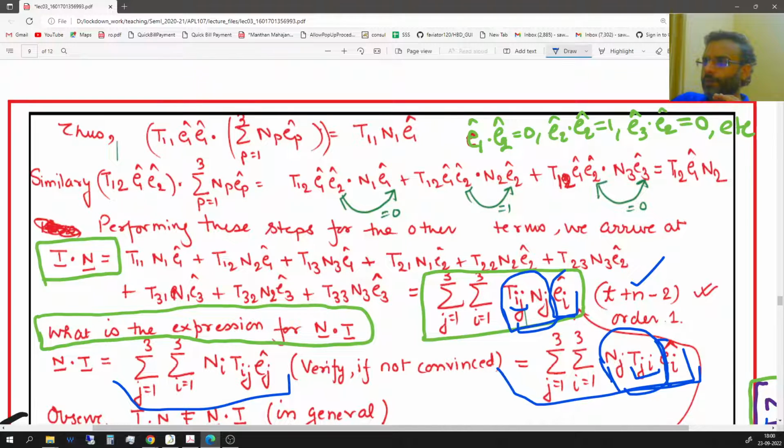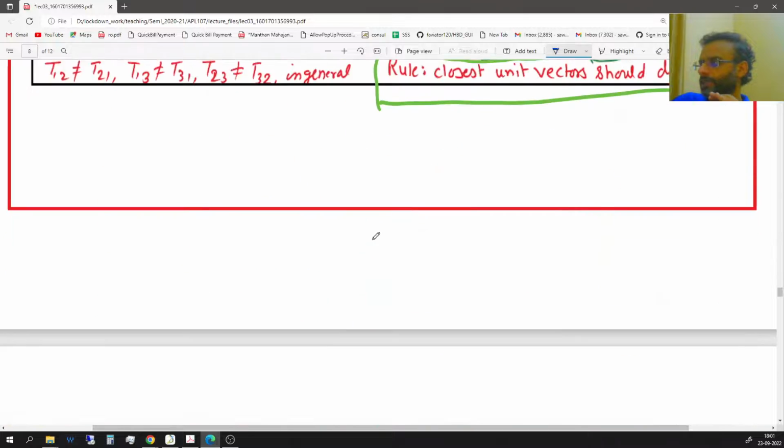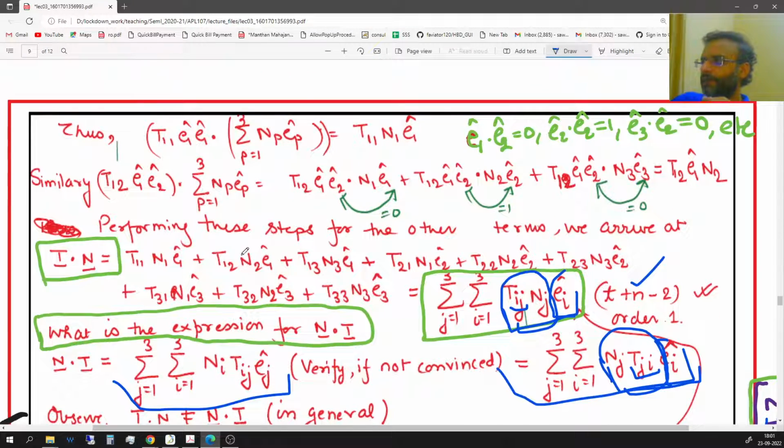Now, if you keep performing this kind of operation for all the nine terms here, you will see that each term, like the first two I showed, will have only one surviving term, and accordingly we will have in total nine surviving terms for T dot n, and all of them have been written here.